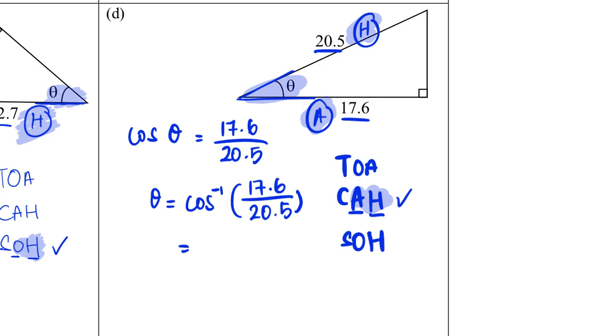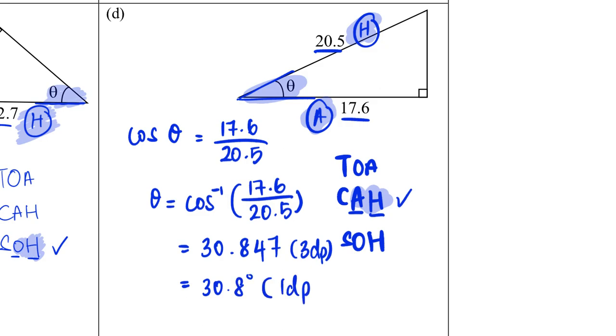Again, please do make sure that your calculator is in degree mode since we are finding angles in degrees. You get 30.847 when I round it to 3 decimal places, followed by 30.8 degrees, 1 decimal place.